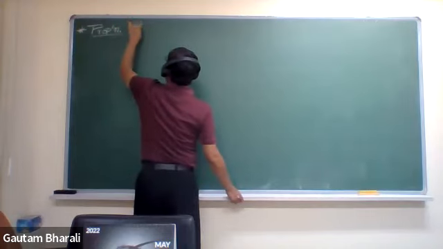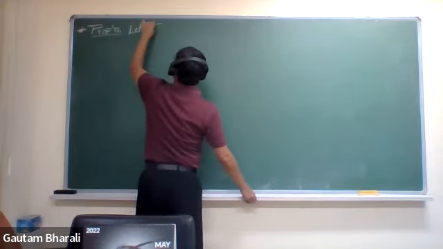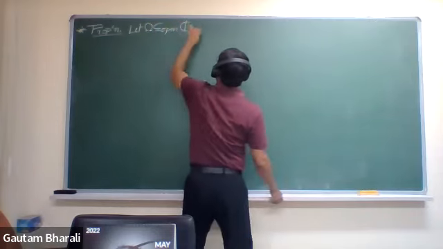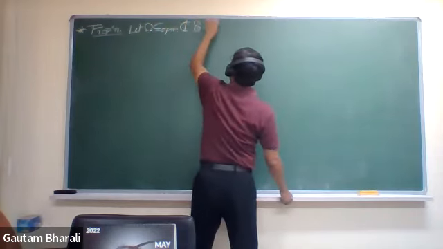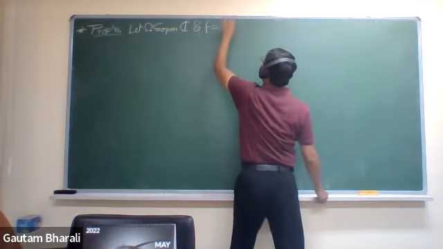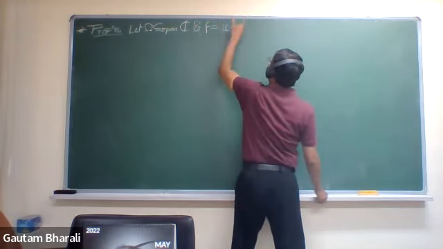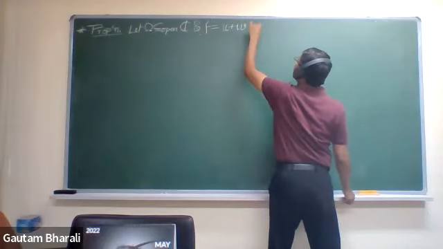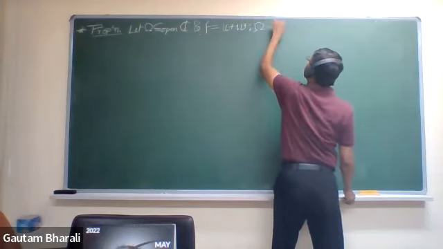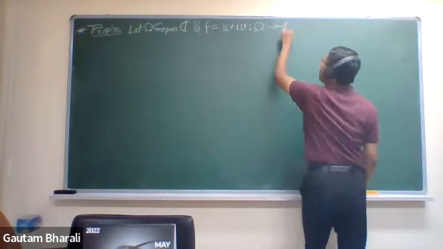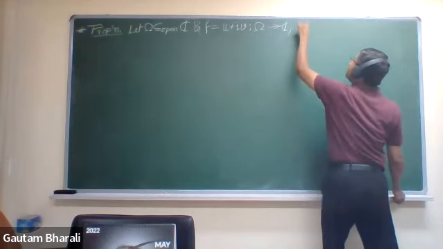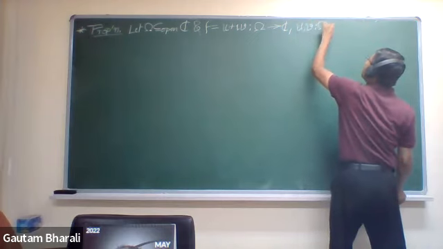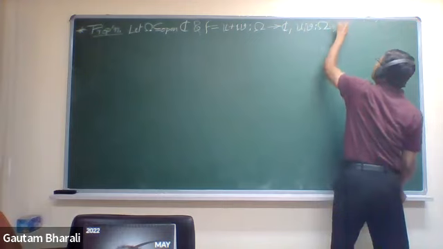Let omega be open in C and F, and this F is written as U plus IV, is a function from omega into C. We understand that U and V are both real valued functions.